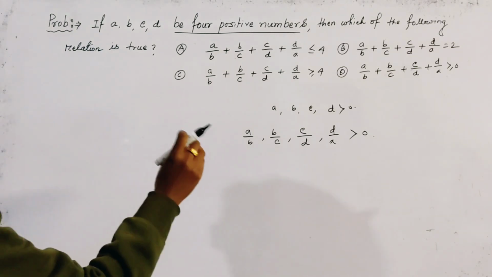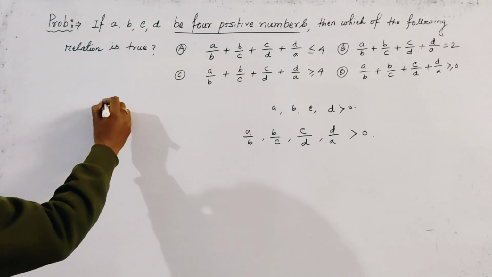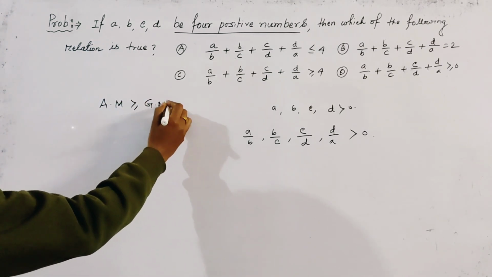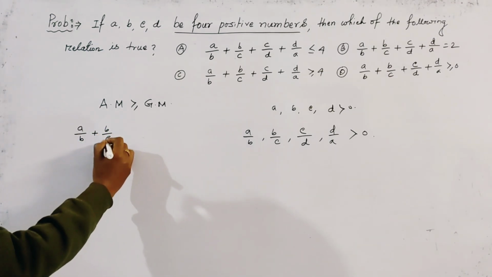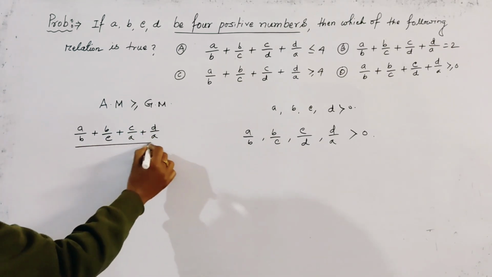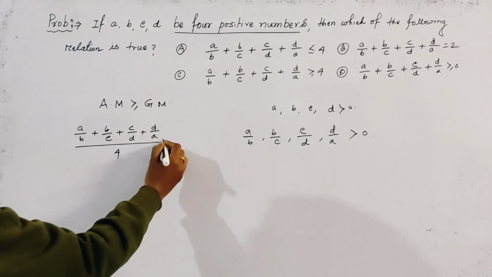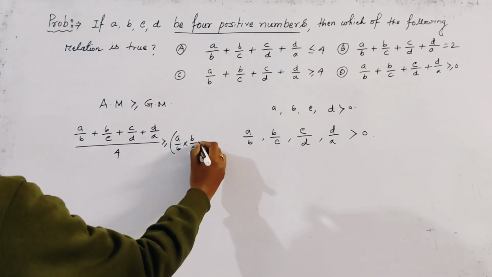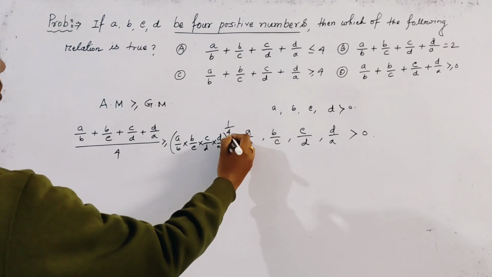Now we use a simple property of arithmetic progression and geometric progression, that is, AM is greater than or equal to GM. That gives (a/b + b/c + c/d + d/a)/4 is greater than or equal to (a/b · b/c · c/d · d/a) to the power 1/4.